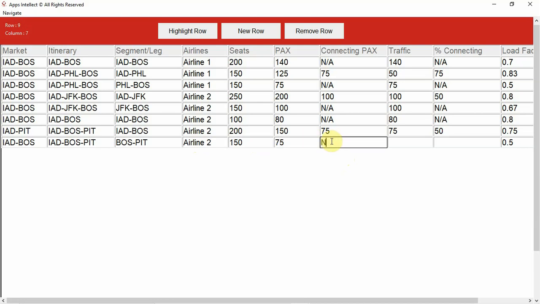Connecting is not applicable, because we are reaching the final destination. The passenger traffic is 75.